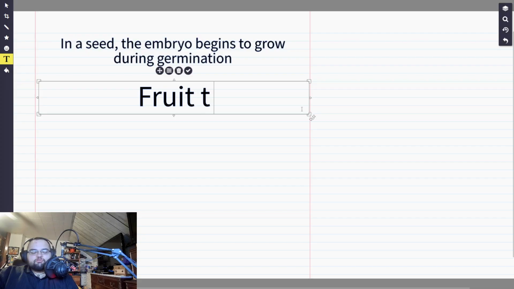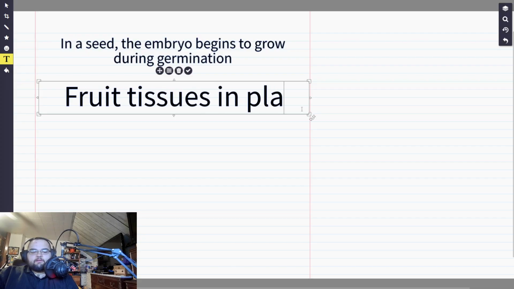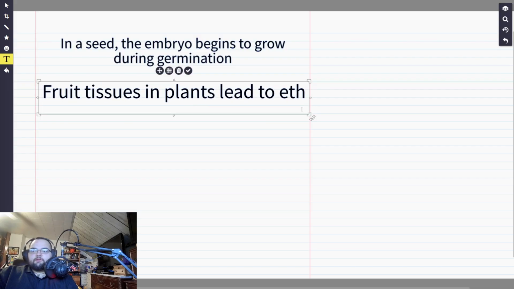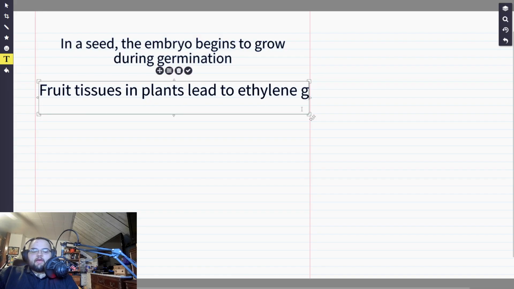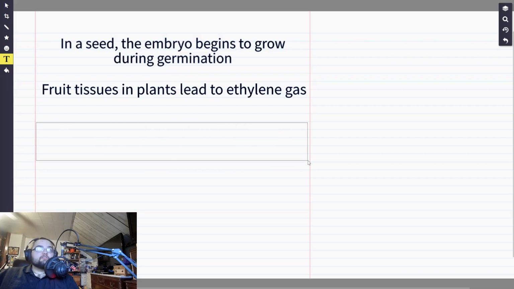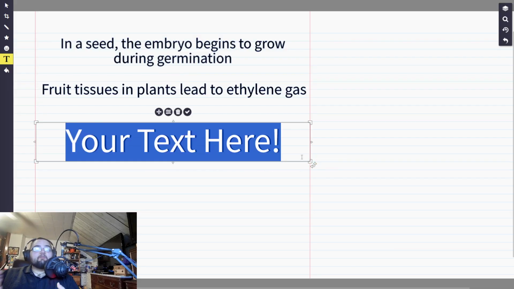Root tissues in plants lead to ethylene gas. I know that we really don't talk about the chemistry portion in physical science because we really don't get the time, and I have other stuff that I find more important. But ethylene is a form of alcohol.